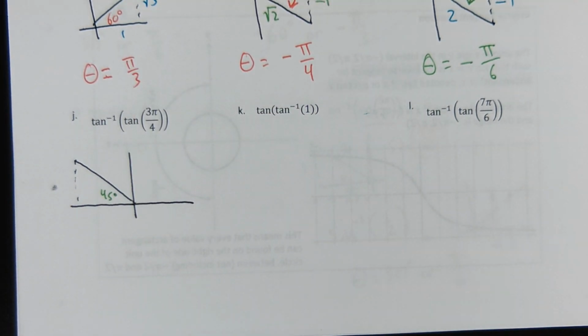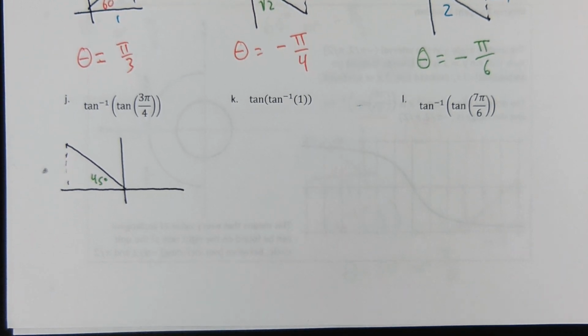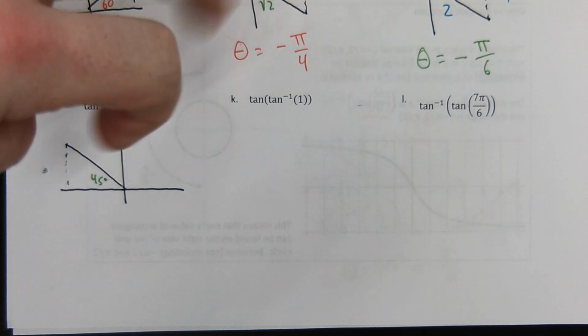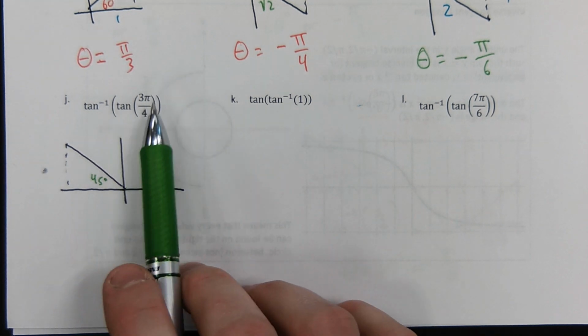Instead, I need to ask myself, is tangent positive or negative here? Tangent's negative here. So where will tangent inverse allow negative outputs? Quadrant -1. That's where the negative outputs will occur for tangent inverse. Because tangent here is negative.